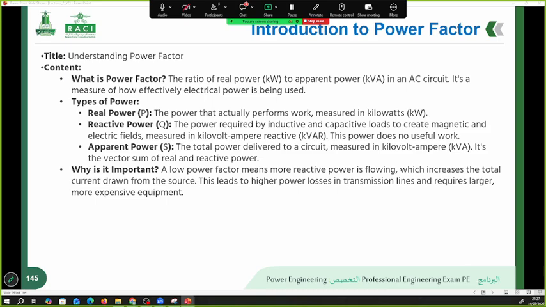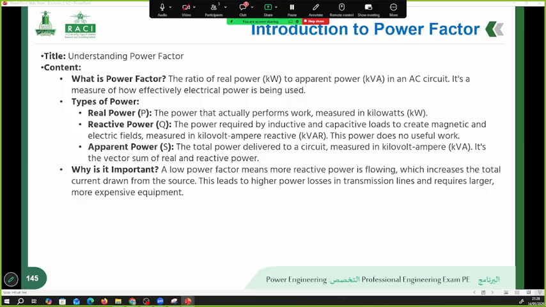Reactive power is measured in kilovolt-amp reactive, or kVAR. This power is required by components like motors, transformers, and inductors to create the magnetic field necessary for their operation. It does not do useful work, but is essential for the function of these devices.